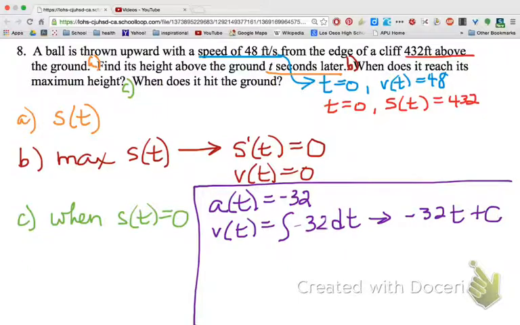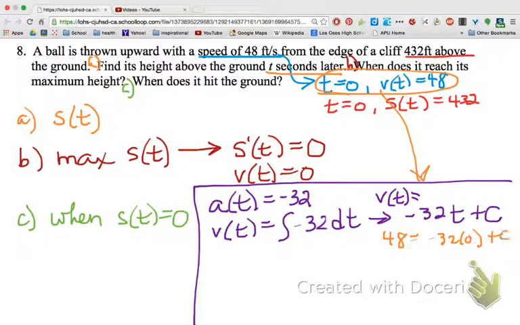And I go, that's the general solution for velocity. Is there a way I can get rid of that c and make this more specific? And I say, why, yes, there is. I have a Blue's Clue up here, remember? So I'm going to go back and use that Blue's Clue. And so I can plug in 48 and the 0.